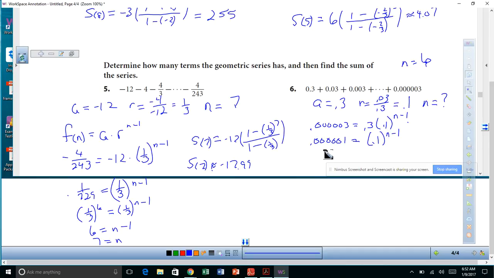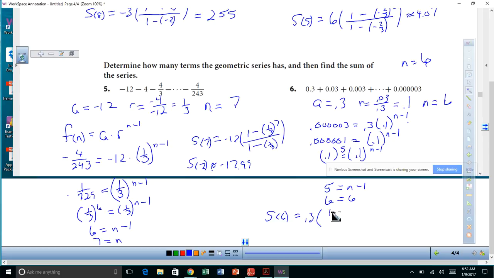So that's going to be 0.1 to the fifth power, because you've got 1, 2, 3, 4, 5, to the fifth power, and that's going to be 0.1 to the N minus 1 equals, so that's 5 equals N minus 1, so 6 equals N. So it was 6.